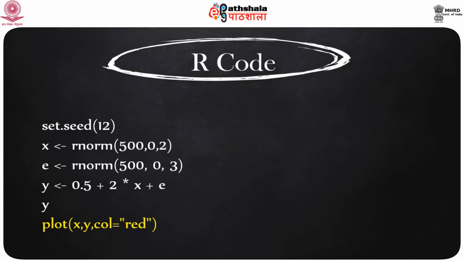Here, as we have already fixed the specification of x and the error variables, which are normal with 0 mean and standard deviation 2, and again normal with 0 mean and 3 as standard deviation, following this we are specifying the x and e variables like the one given here.